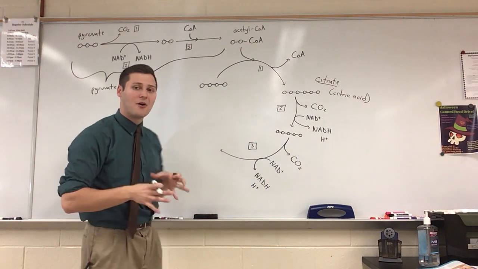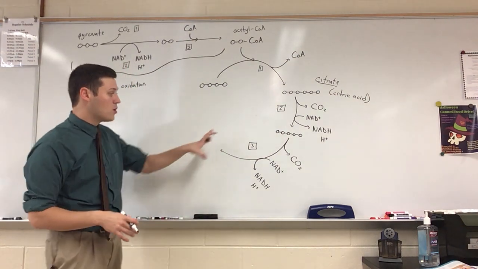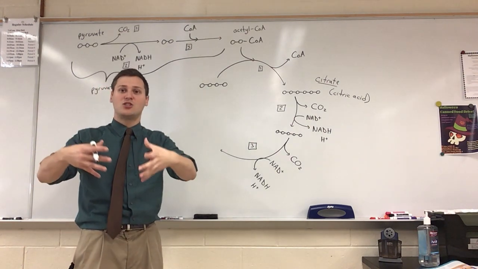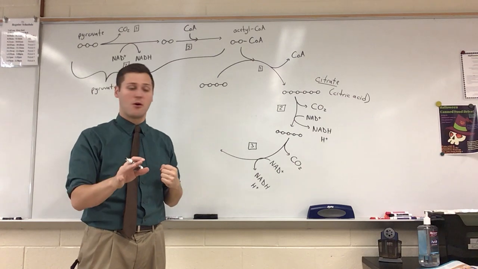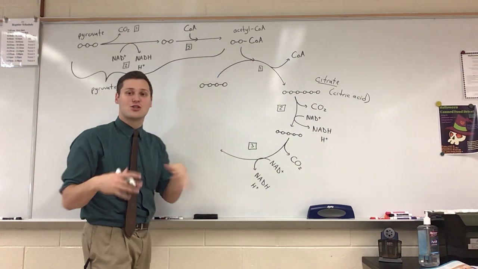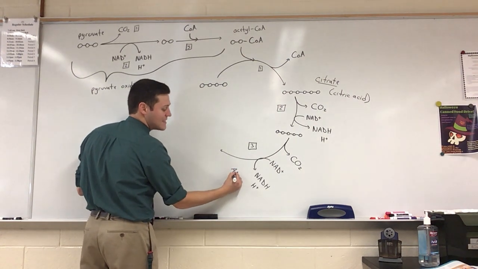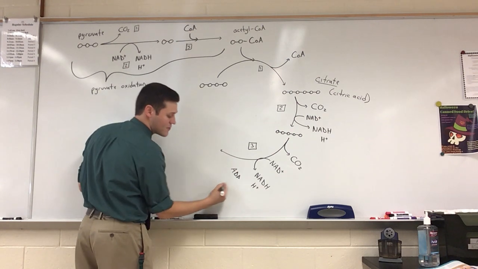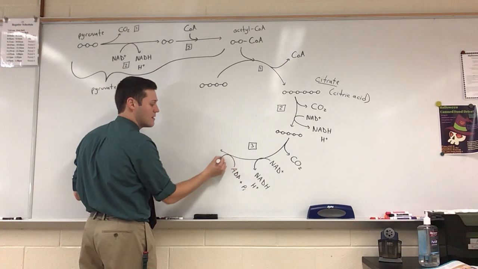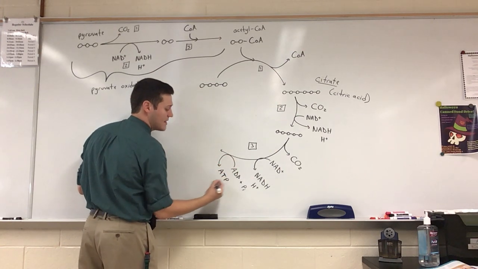But here we also have some substrate level phosphorylation going on. We just take the energy generated in this step, because this is an energy releasing step, and we use that to take ADP, adenosine diphosphate, 2 phosphates, plus an inorganic phosphate, and we generate ATP, adenosine triphosphate.